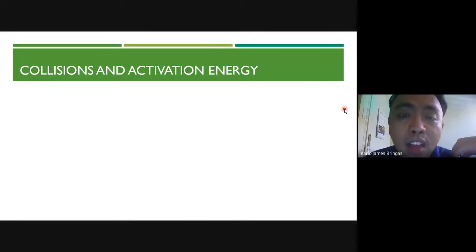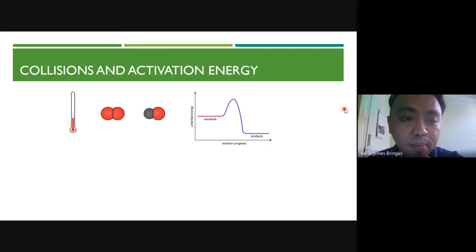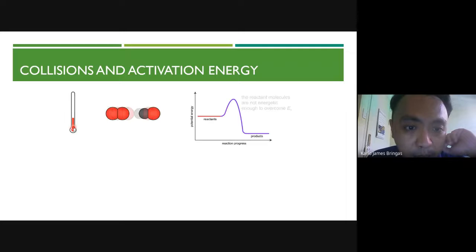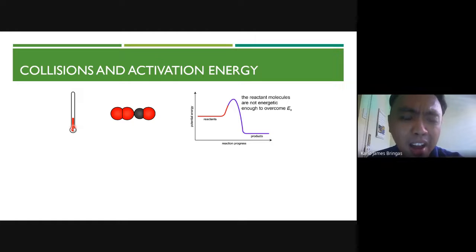So how is our activation energy going to affect our reaction? We have this particular animation over here. Okay, let me break it down to you. So start off tayo sa mababang temperature muna. As you can see, medyo mabagal ang pag-collide ng ating dalawang reactant molecules at low temperature.